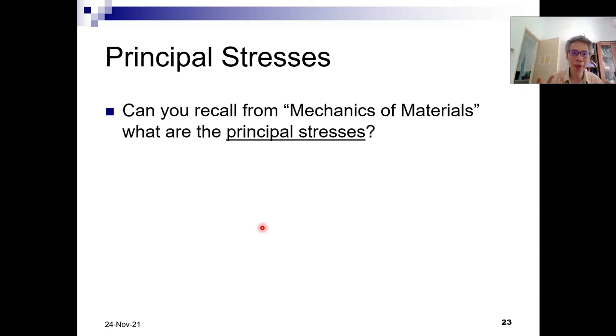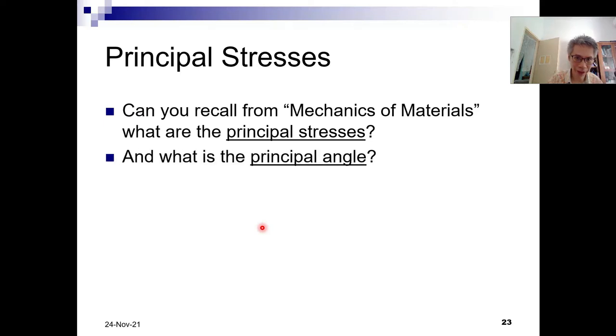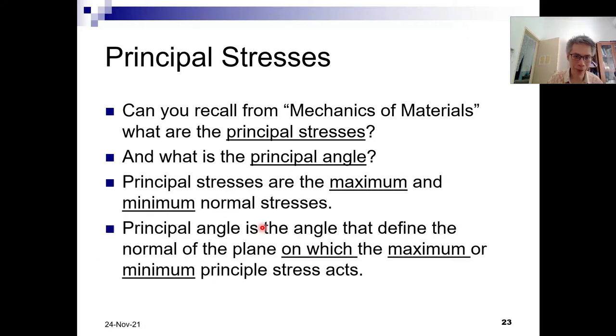And maybe you may recall also that corresponding to the principal stresses, there exist principal angles. Okay, principal angles. Can you remember? Well, principal stresses are the maximum and minimum normal stresses.